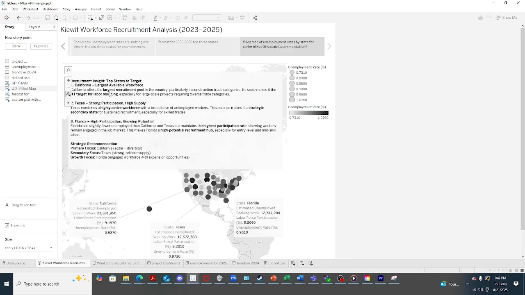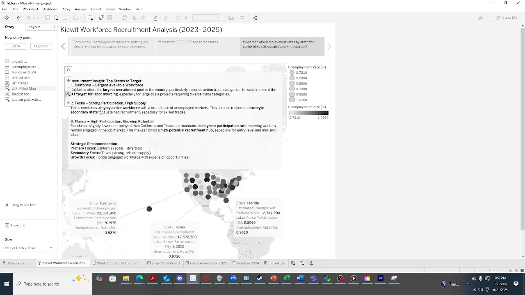California offers the largest recruitment pool in the country, particularly in the construction trade category. Its scale makes it the #1 target for labor sourcing, especially for large scale projects, recruiting diverse trade categories. The #2 is Texas. Strong participation, high supply.